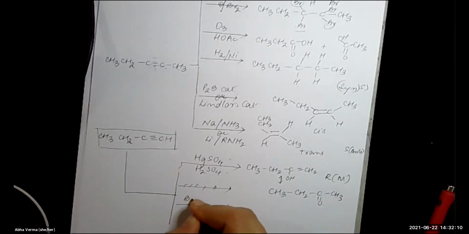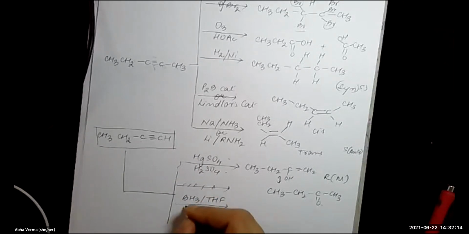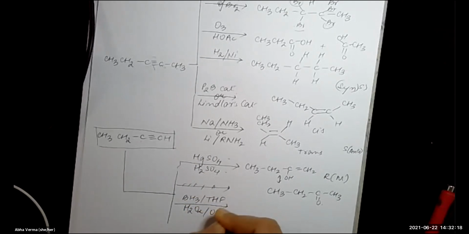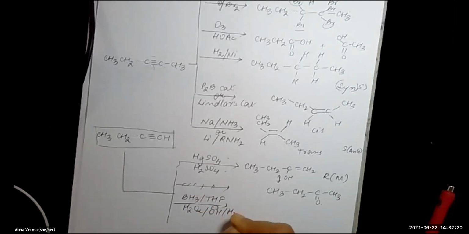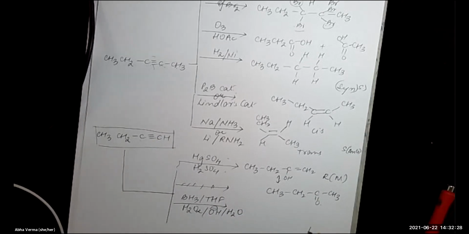Similarly, from this reagent, let's do BH3, THF, with similar reagents: H2O2, hydroxide, and water. What do we get? Now your OH will go to the less substituted carbon. So what is your regioselectivity? Anti-Markovnikov's.